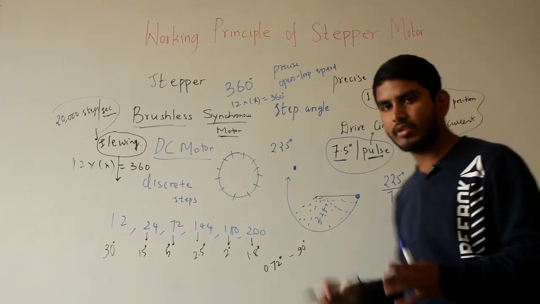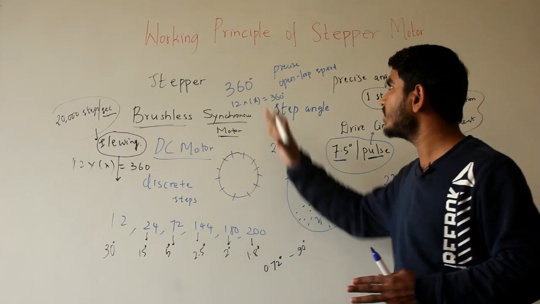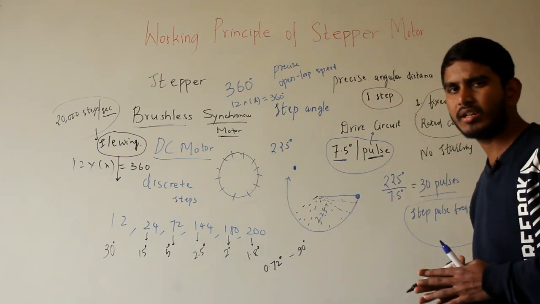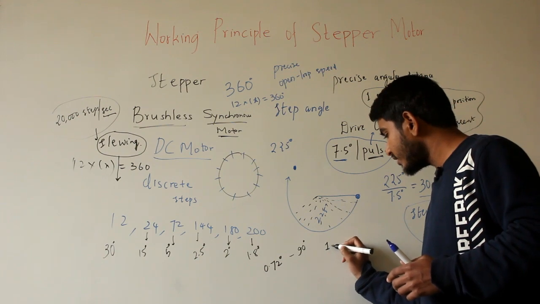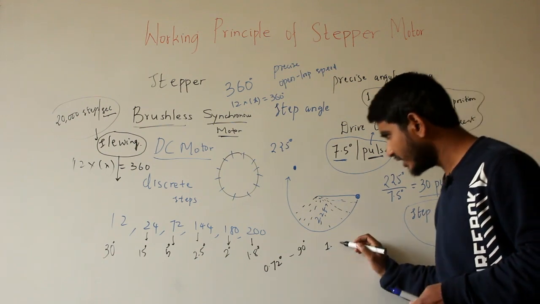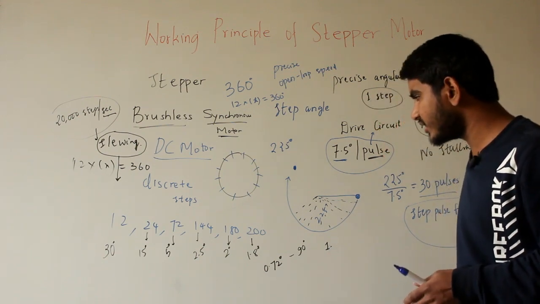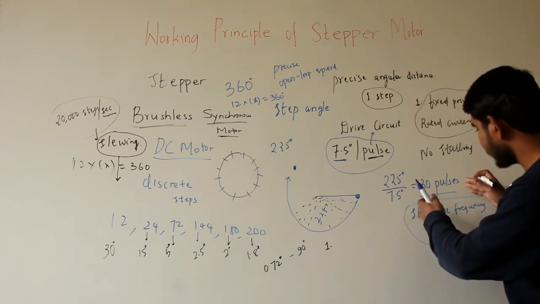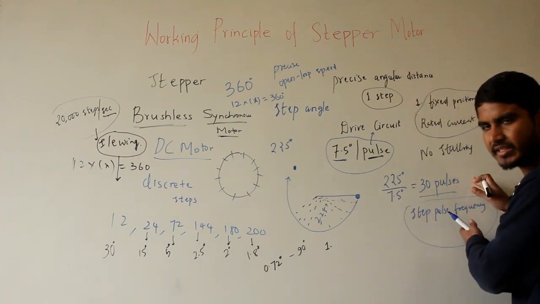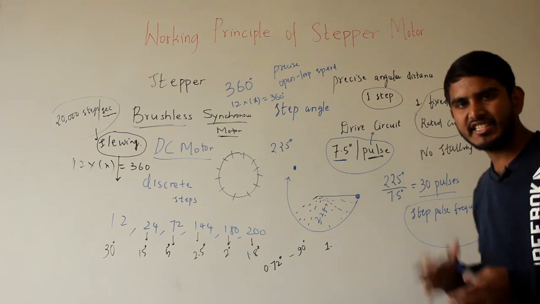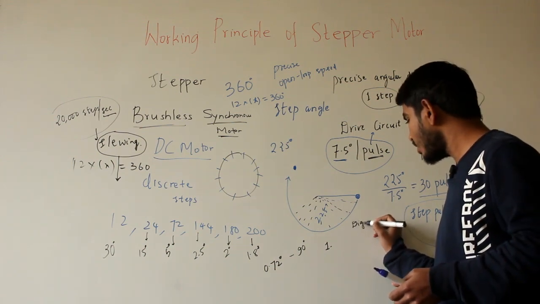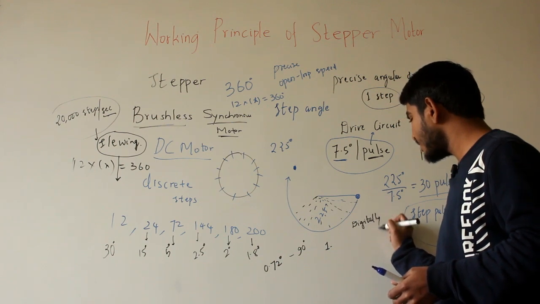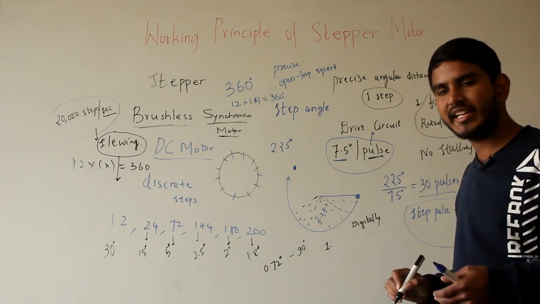And of the two main advantages of this brushless synchronous motor, or the stepper motor, one advantage is that the steps, the step pulse frequency, can be digitally counted. So the steps can be digitally counted and the motor can be stopped when the desired position is reached.